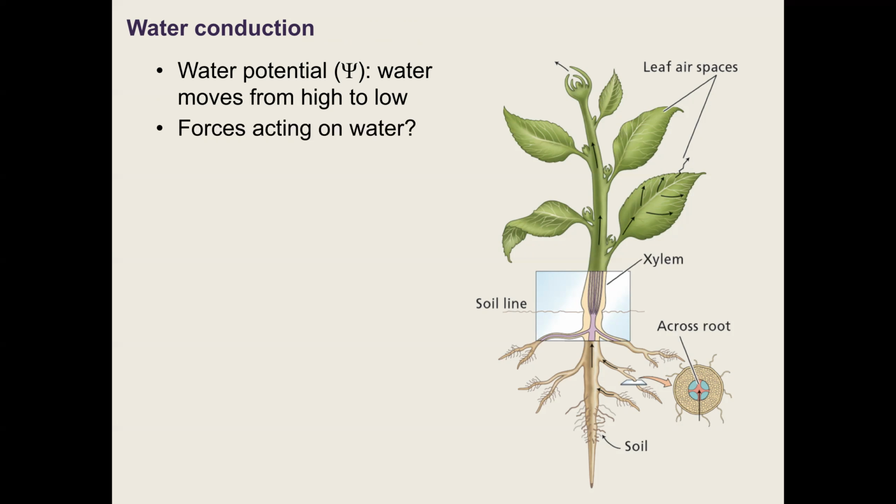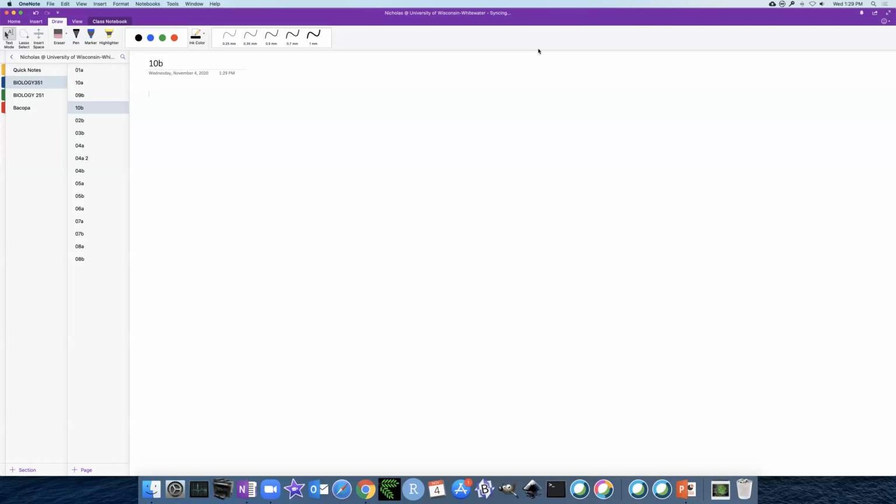So what causes water to move? This is a place where I usually stop and let students weigh in. What causes water to move? Let's think about it. All right, so let's say we've got a water molecule here. What causes water to move around?